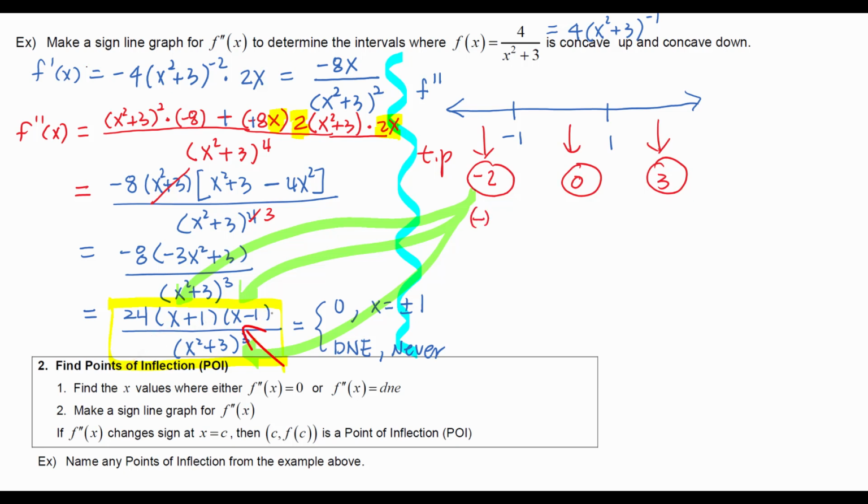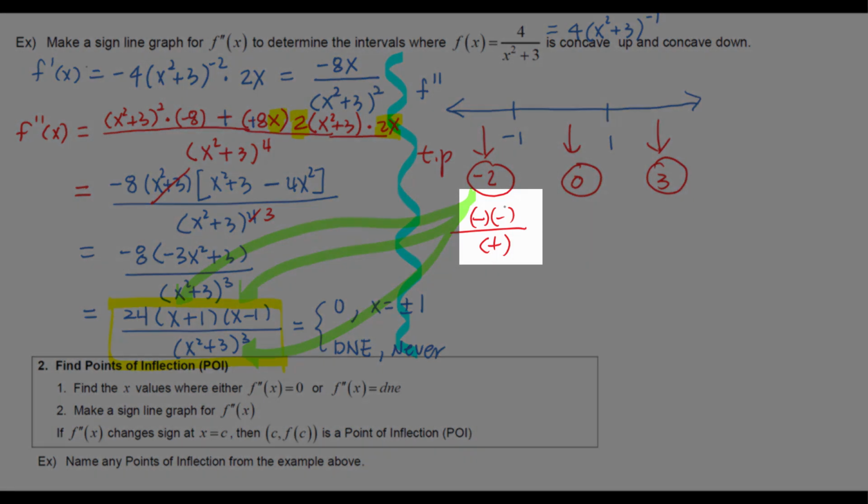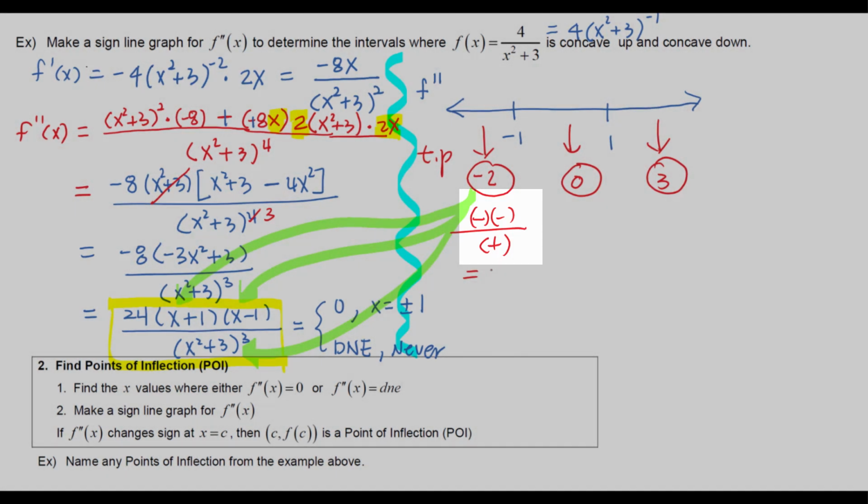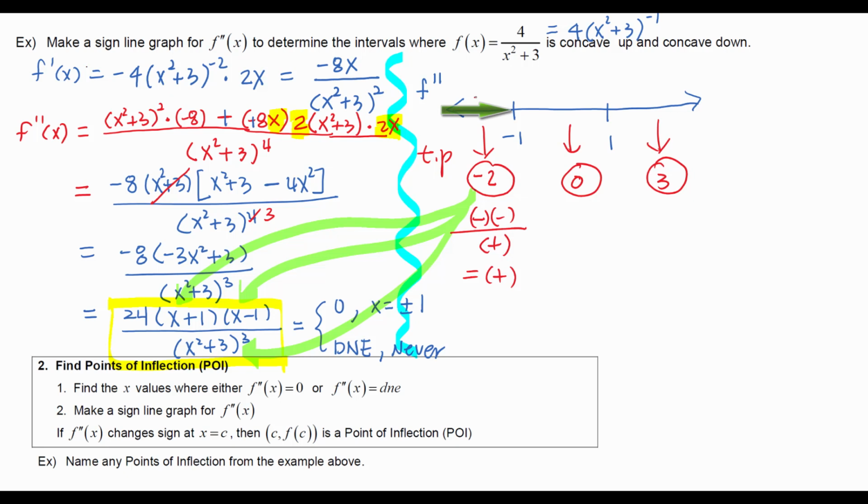Negative 2 minus 1 is still negative, over negative 2 squared, which is positive, plus 3 is positive, to the third power is positive. Since in the quotient I have two negatives, the result is positive. So f double prime from negative infinity to negative 1 is positive, which means the graph of f will be concave up on this interval.